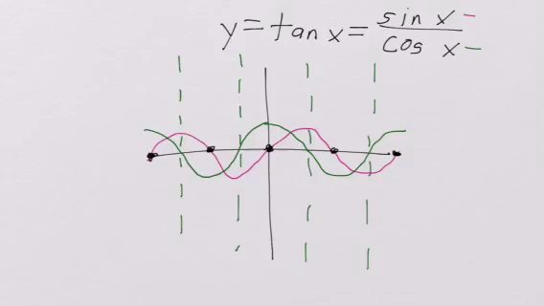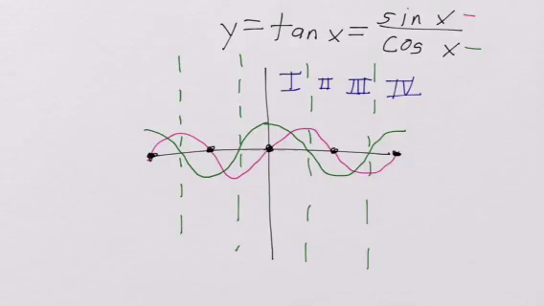So now we're going to take a look at where it's positive and negative. So we'll first look at the quadrants everywhere. To the right of 0 on the asymptote, and left of the asymptote is quadrant 1, 2, 3, and 4.